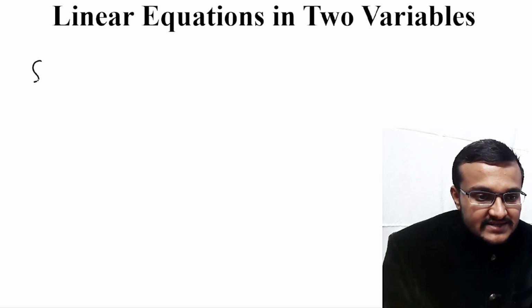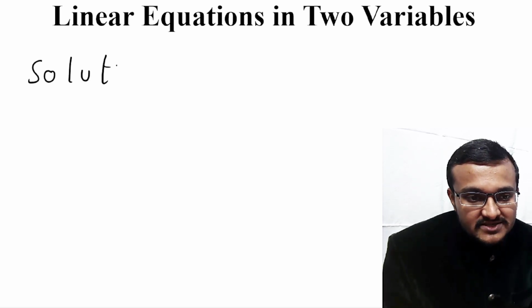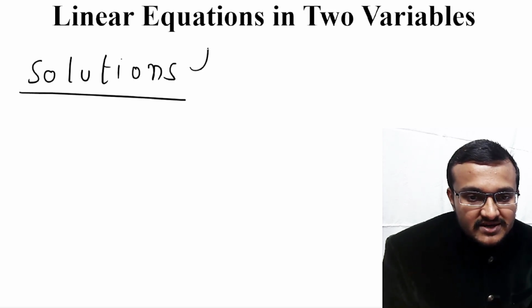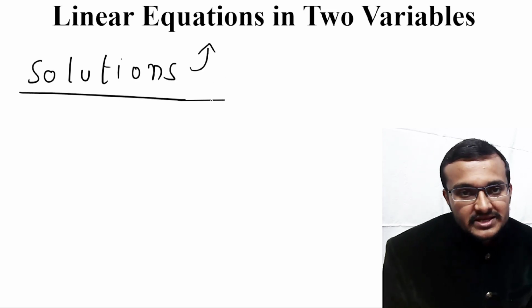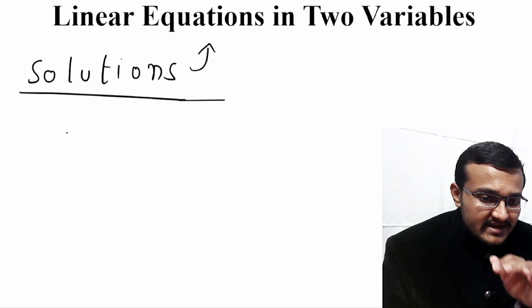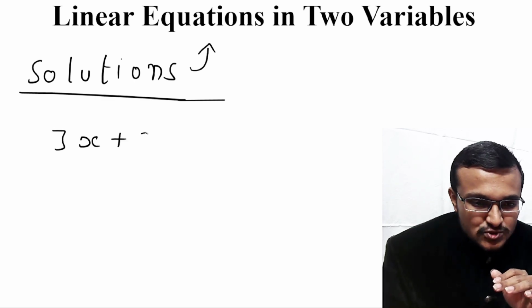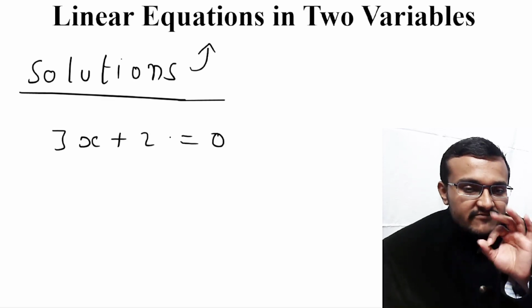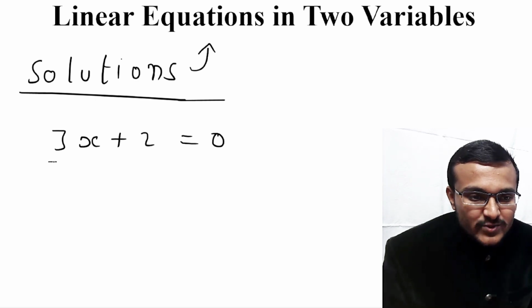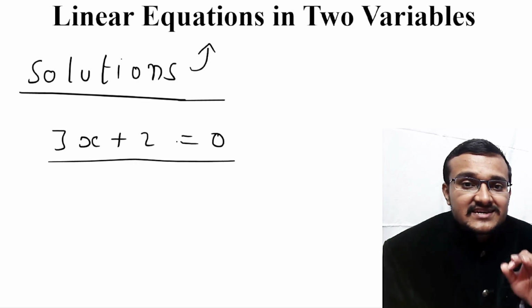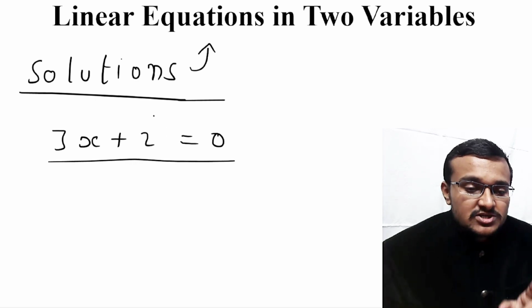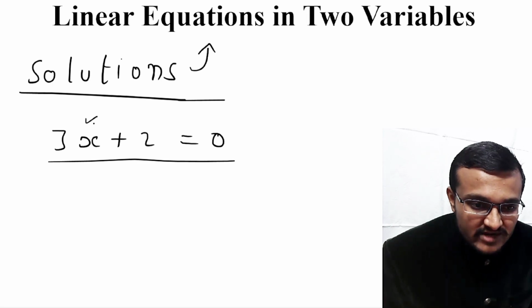Now, the next concept which we have to discuss here is solutions of linear equations in two variables. So now when I take 3x plus 2 is equal to 0, you can clearly see this is a linear equation in one variable.